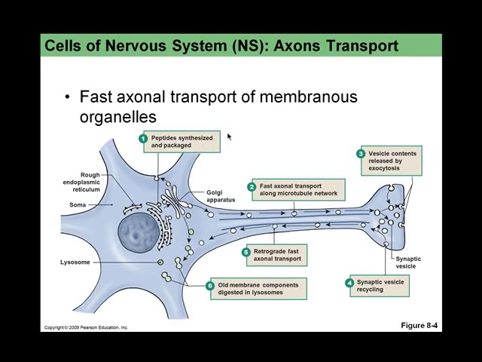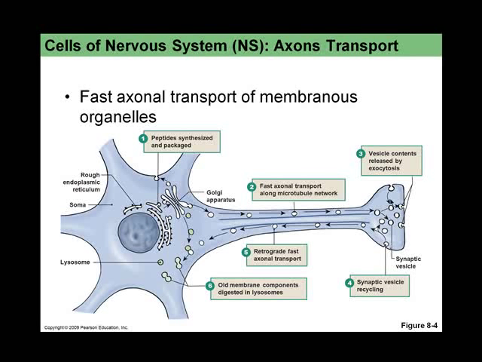So here, for example, we're seeing peptides synthesized and packaged for, say, a neurohormone. Then number 2, the fast axonal transport along the microtubule network. And then the vesicle contents released by exocytosis here. So if you insert membrane here, you have to bring membrane back in somewhere else.